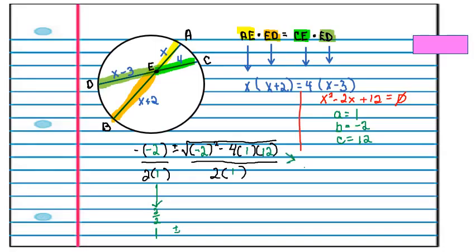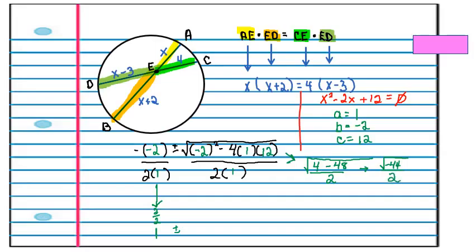All right, so we have the square root of 4 minus 48 over the 2. And this is going to give us an interesting radical of a negative 44 over the 2.